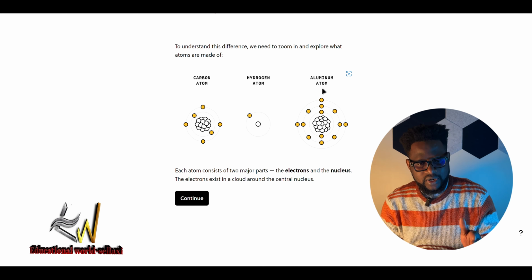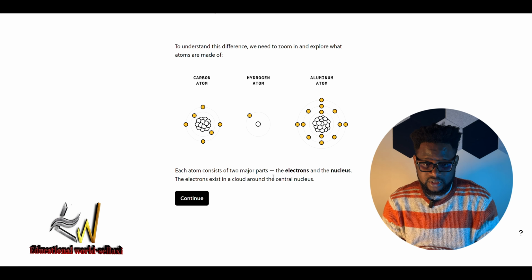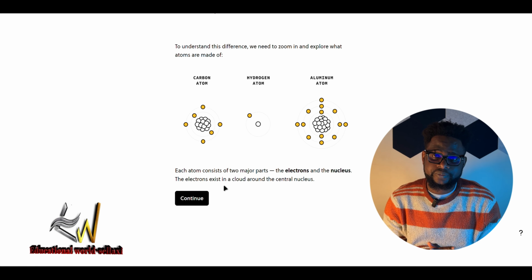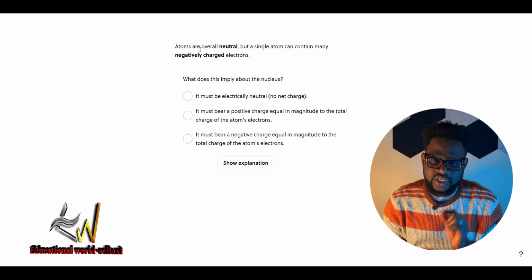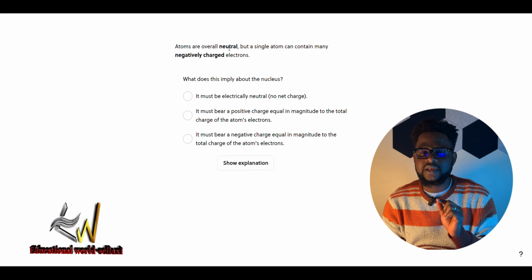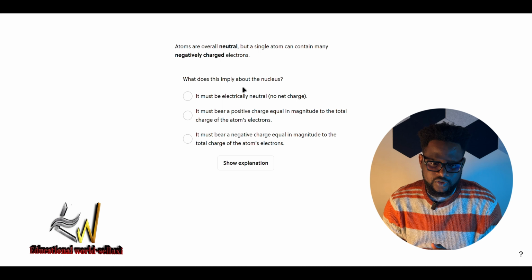A carbon atom, hydrogen atom, and aluminum atom can be seen in the pictures above. Atoms are overall neutral, but a single atom can contain many negatively charged electrons. So what does this imply about the nucleus?